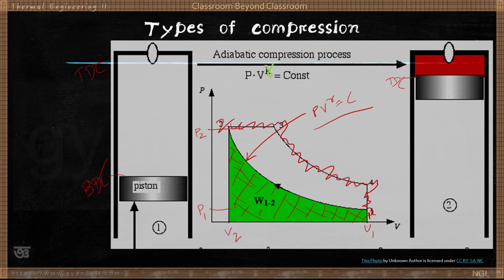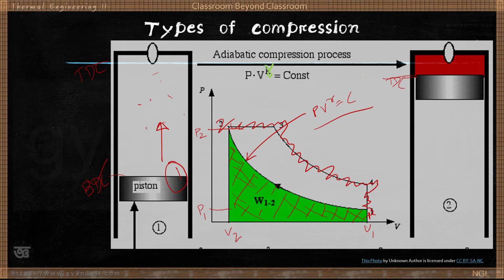Say this is point 1, piston is in BDC, the valves are closed. Now in this stroke the piston will move towards the TDC, and accordingly this air will be compressed and it will go up to point 2.